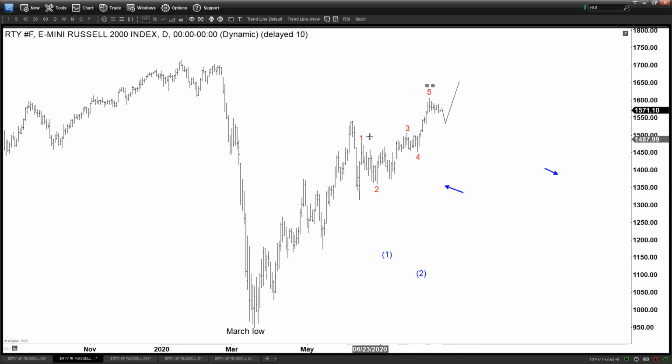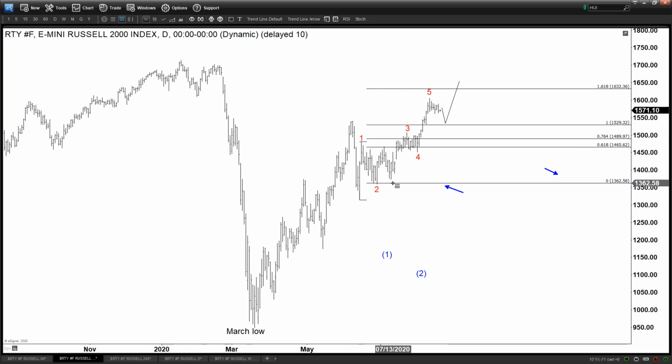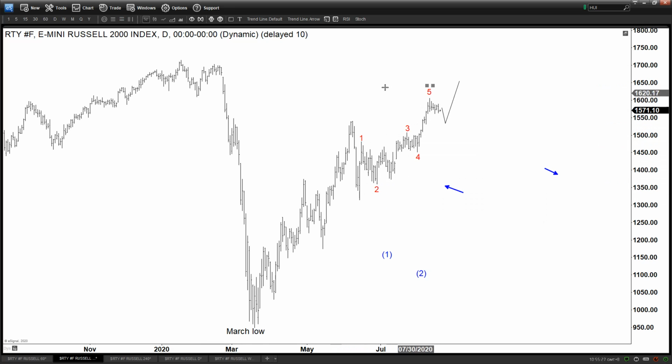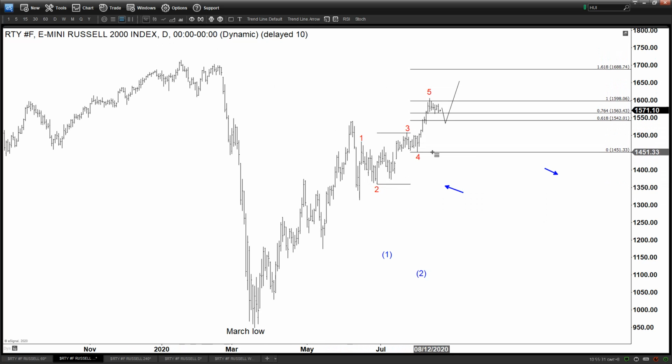But the thing is, if you label it like this, your wave 3 here becomes the shortest wave. This is currently shorter than 1, and the 5 here is longer than 3, so you cannot label it like this.